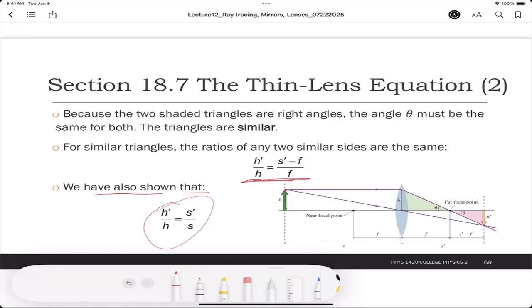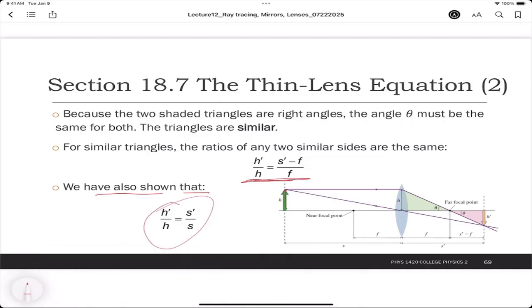You can see this one here, we call it angle phi, and this one is also angle phi. So this is h dot, this is h, this is s, and this is s dot.